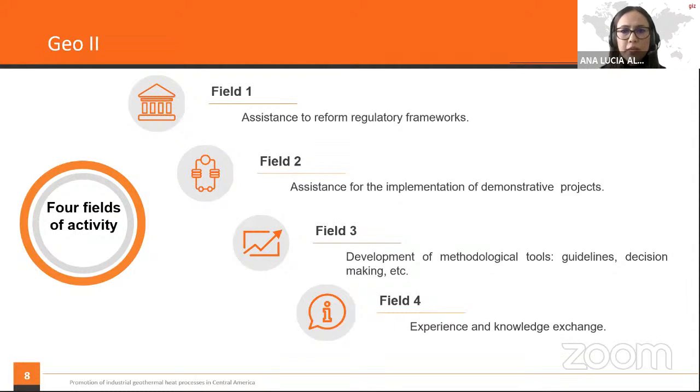So we will continue working with the energy ministries that are interested in digging in. I can say that right now Costa Rica and Honduras are the ones that are up front in this area, which are working hard to have an act or a law or a policy focused on direct uses. But we will be willing to work with the other countries also to go forward with this.